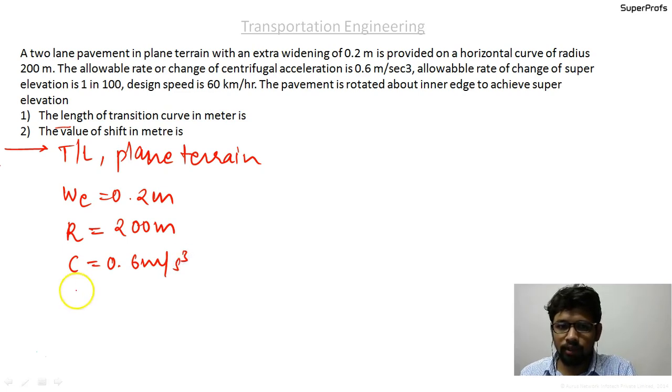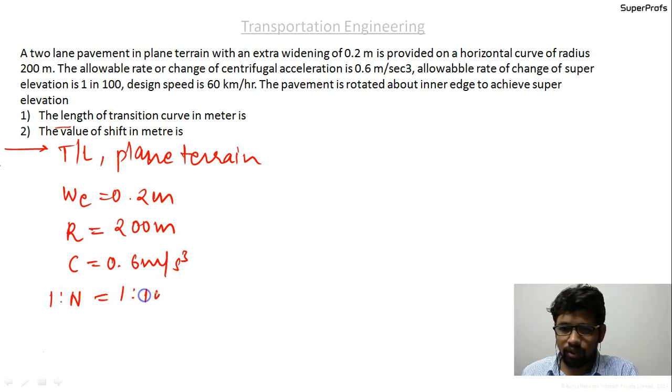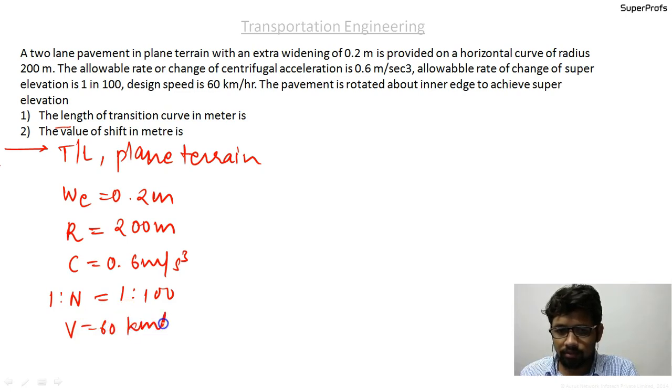The allowable rate of change of super elevation is 1 in N, where N is 100, and design speed is 60 kilometers per hour. The pavement is rotated about the inner edge to achieve super elevation. The length of transition curve in meters is? They are asking L is equal to what?